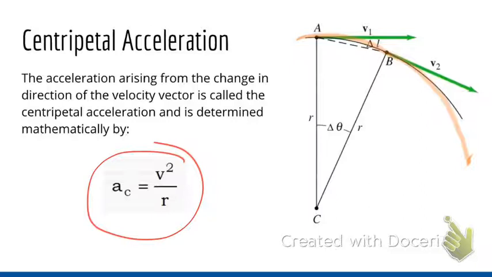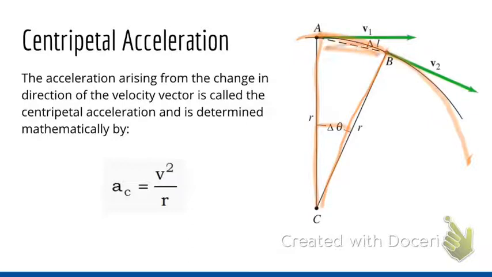Now, that equation is derived from a combination of the triangle that is created from the circle, the radius, the angle, and the arc, and it's also derived from that triangle's similarity to a triangle that is created when you add two velocity vectors together and you get their resultant.